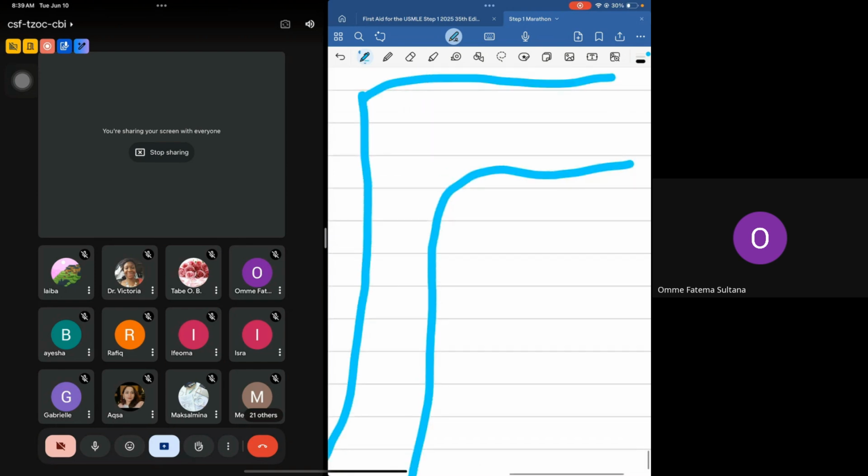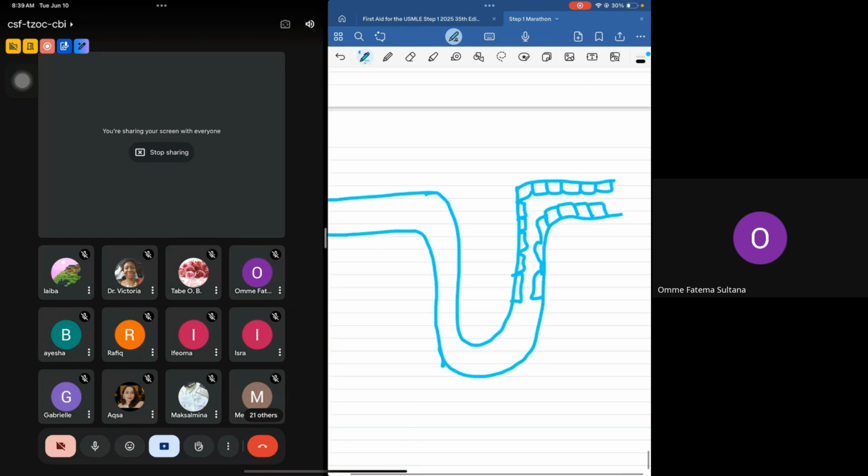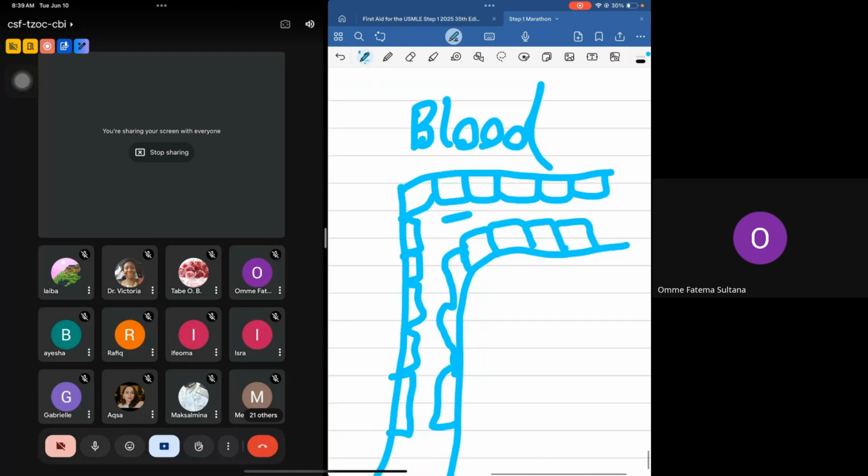If we focus here, there are going to be tiny cells present here, and similarly some cells here as well. Blood is going to be present on the outside, and urine is present inside. Anything present inside the tubules is known as the urine, and these are the cells.